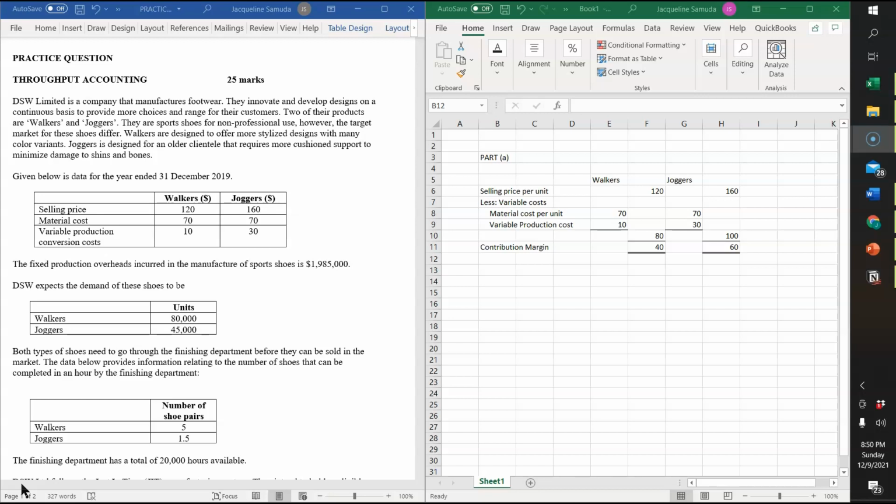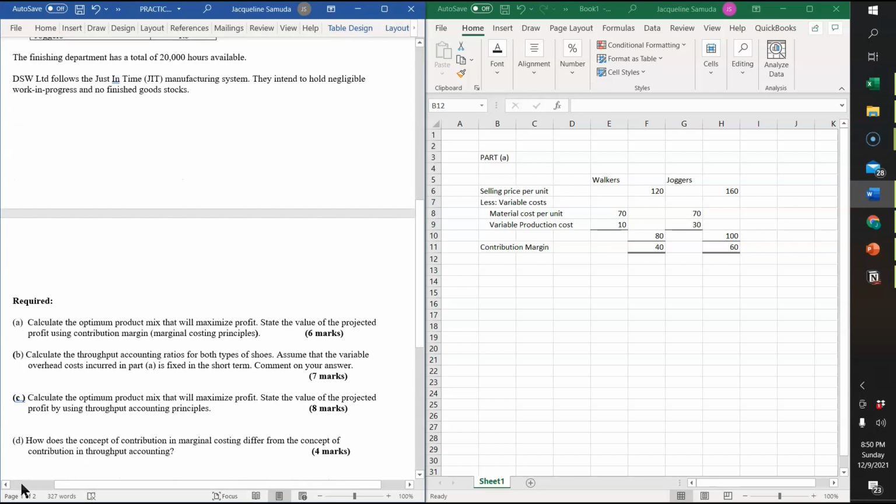I have on the right the calculations that I have started for part A. So let's look at part A. Part A says, calculate the optimum product mix that will maximize profit. State the value of the projected profit using contribution margin and in brackets, marginal costing principles. As I mentioned earlier, once you see marginal costing principles, you are going to have to work out contribution margin. So look at what I did here.